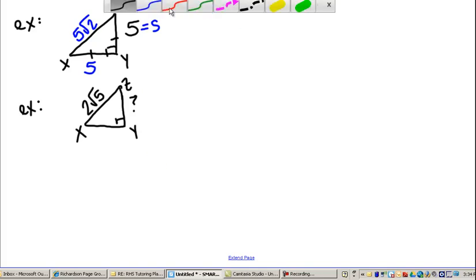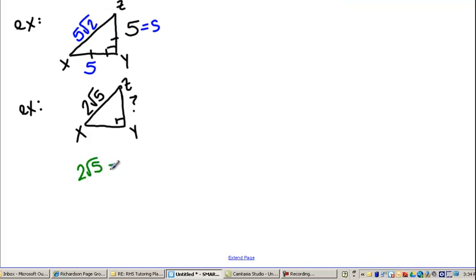Yes, we can. Okay, what we have to do is we know that 2 square roots of 5 is equal to S square root of 2. We have to figure out what S is because S is the length of YZ.